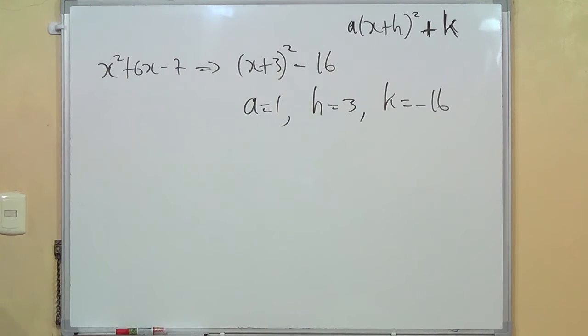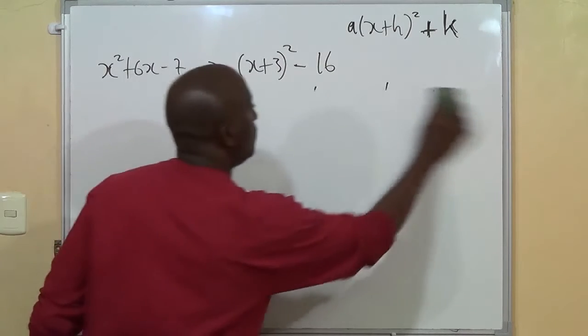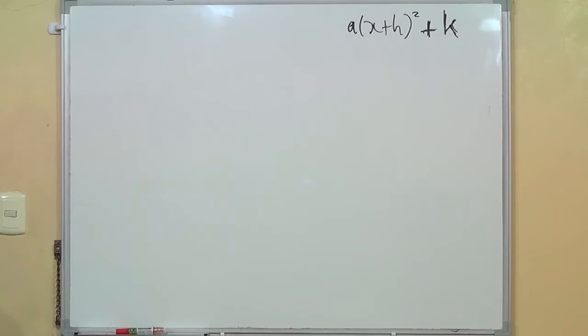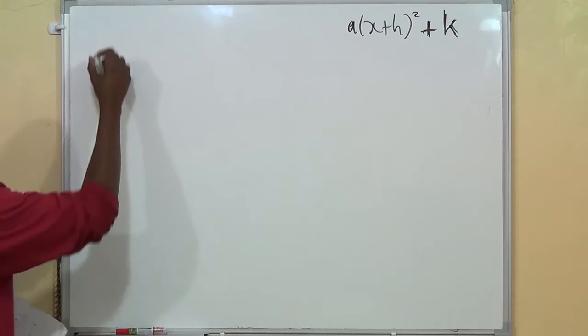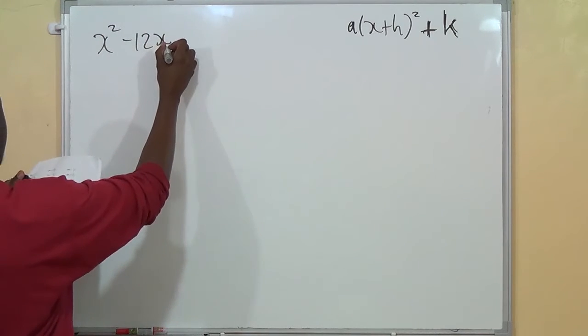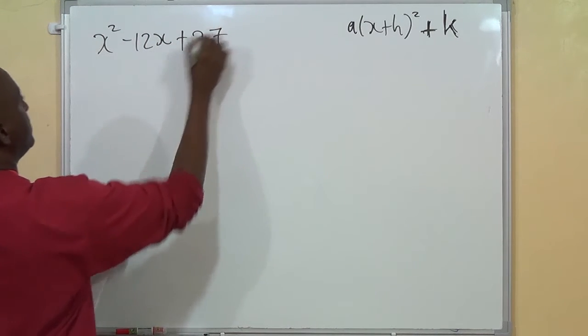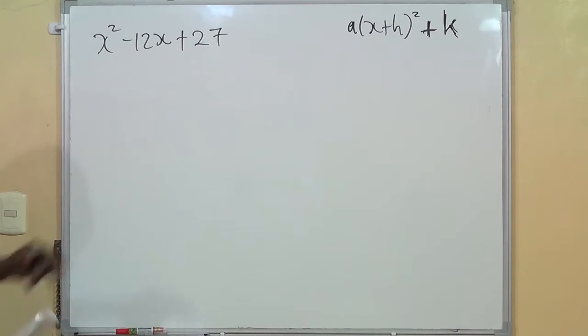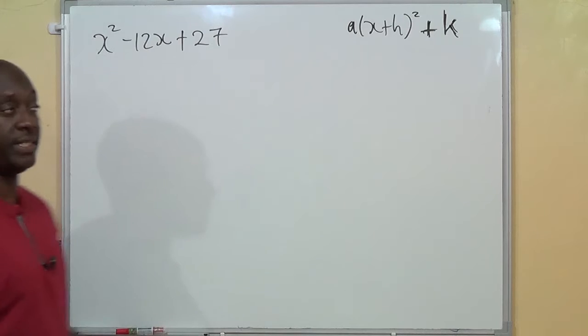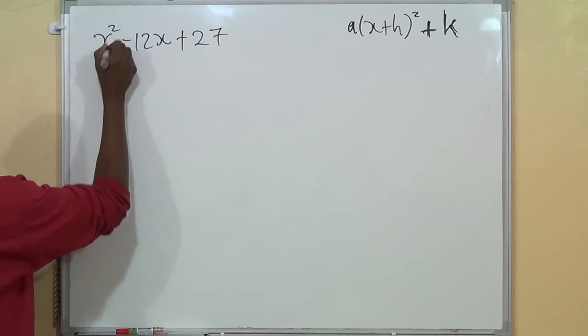So we're going to proceed with the next question now. Alright, we make a quick swipe here and we're going. So suppose we have the expression x squared minus 12x plus 27, right? And they ask us to switch this from the standard form to the vertex form, better known as completing the square.